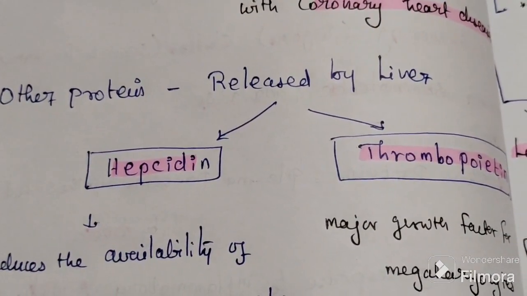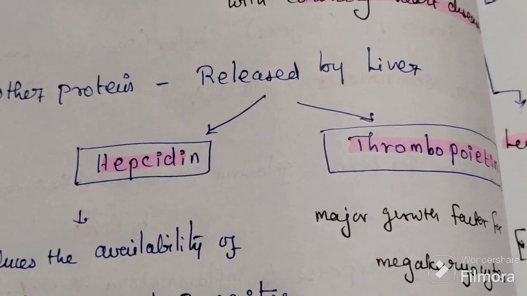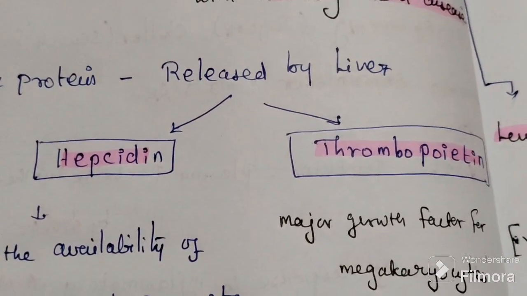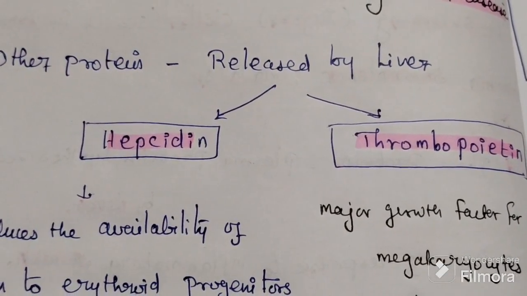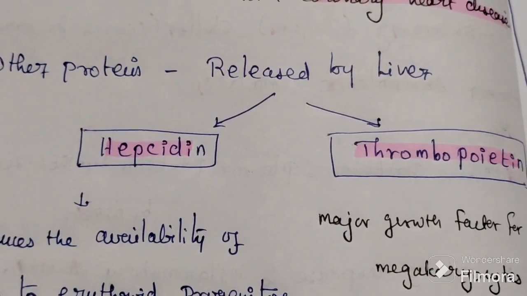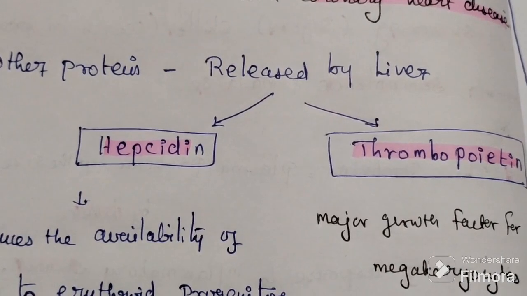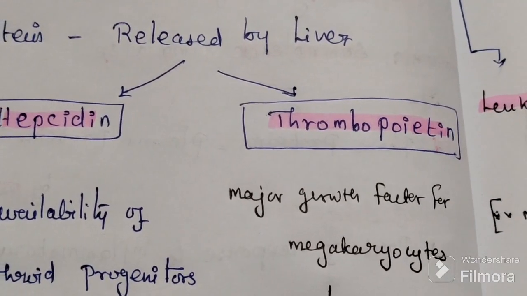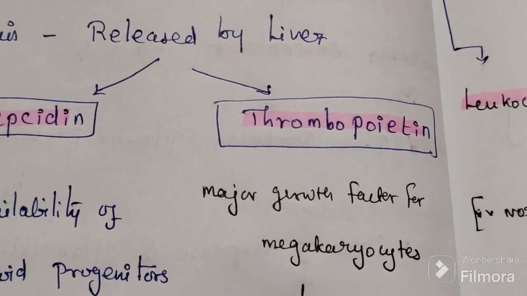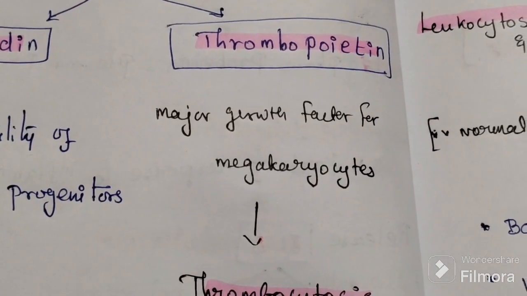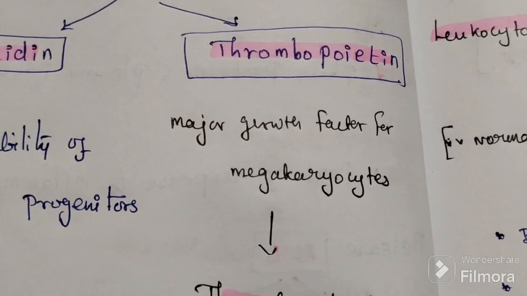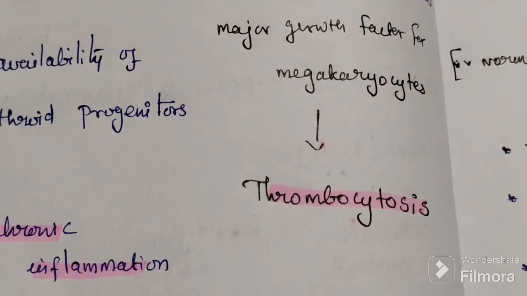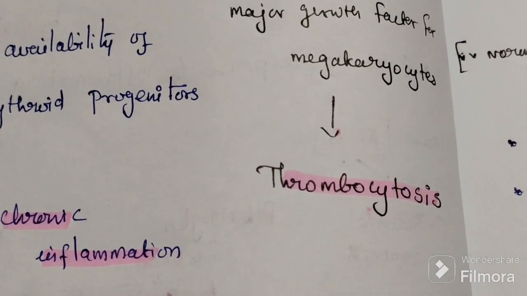Now there are other proteins synthesized by the liver: hepcidin and thrombopoietin. Apart from the three acute phase proteins, these two are important. Thrombopoietin is the major growth factor for megakaryocytes. It helps in stimulation of more and more platelets.